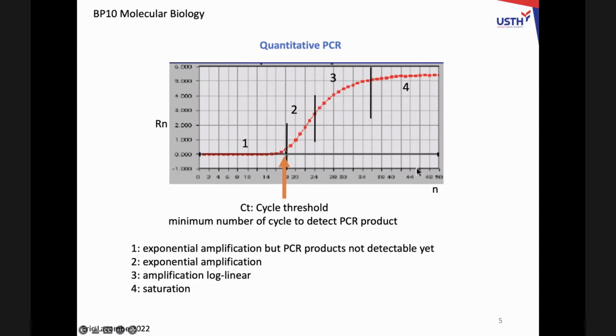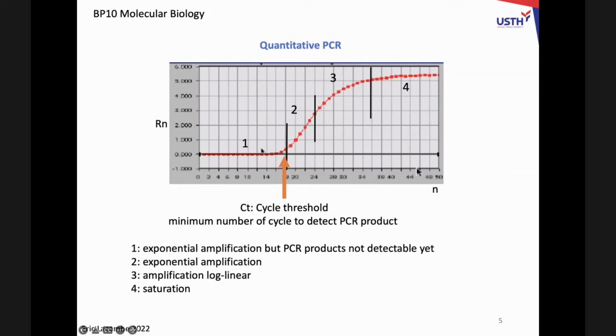It is the number of the cycle at which the quantity of the PCR product is getting over a defined threshold. Okay. But what I was telling you before, during phase number 1, it is also exponential, but we don't see it.